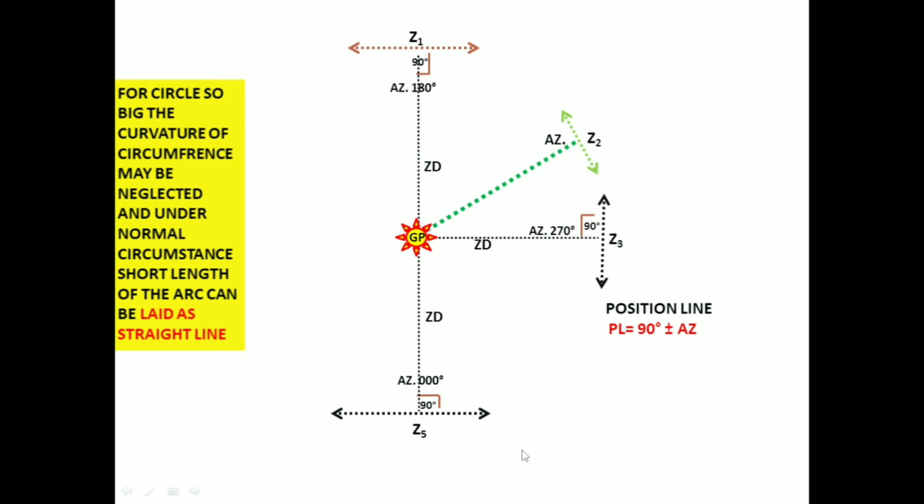Azimuths are basically up to 180 degrees on either side, and bearing is 360. And when we refer to celestial bodies, we use the word azimuth. So there we saw that the position line was the bearing. But now when we talk about celestial bodies, the position line becomes 90 degrees plus minus the azimuth.